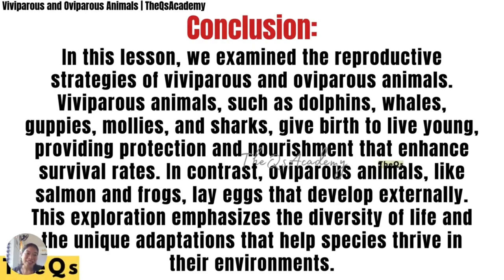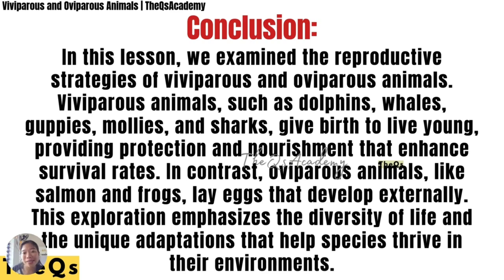So, in conclusion, in this lesson, we examined the reproductive strategies of viviparous and oviparous animals. Viviparous animals such as dolphins, whales, guppies, mollies, and sharks give birth to live young, providing protection and nourishment that enhance survival rates.